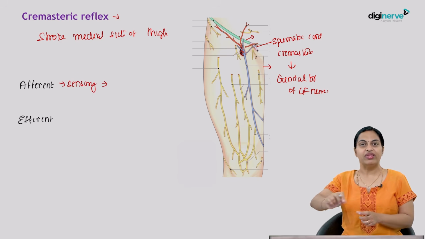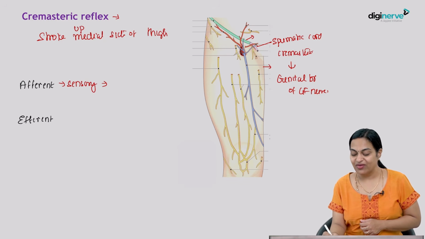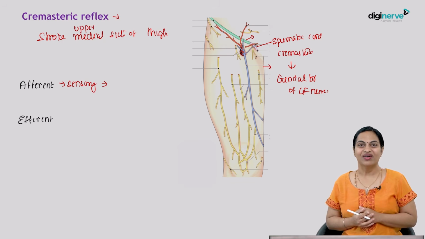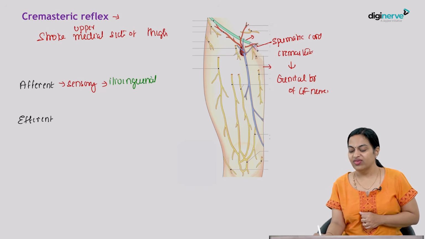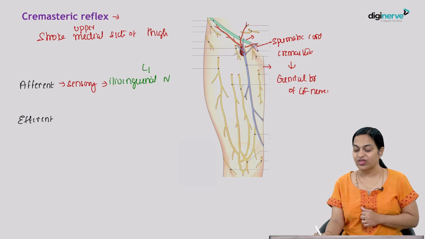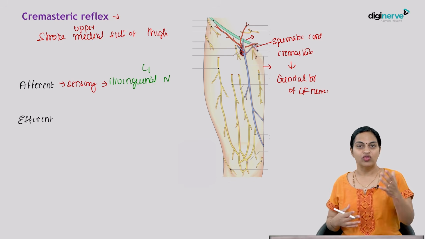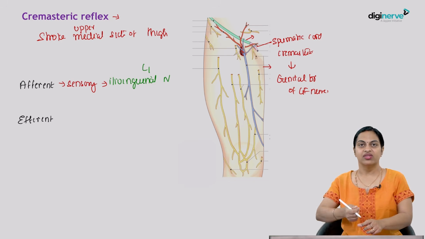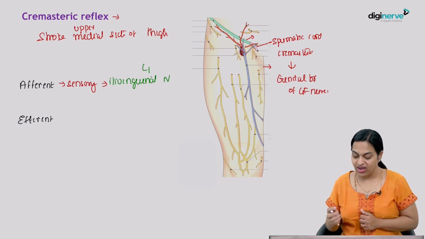So while stroking the upper medial aspect of the thigh, what was the nerve we came across? Come on. The ilioinguinal nerve, which was coming from the lumbar plexus with the root value L1. Okay, what happened immediately on stroking the upper medial side of the thigh? The testes went up by the contraction of the cremaster muscle and it occluded the superficial inguinal ring, right?